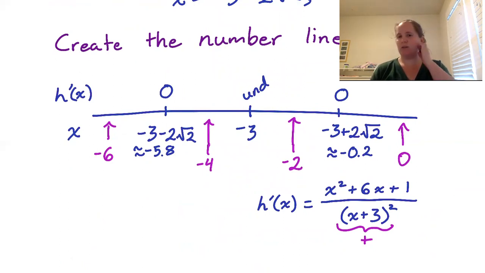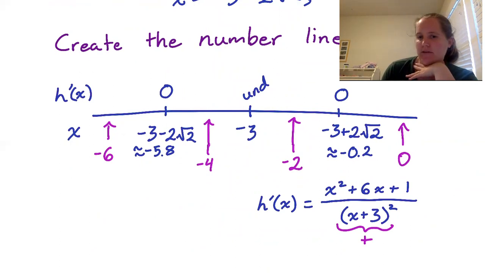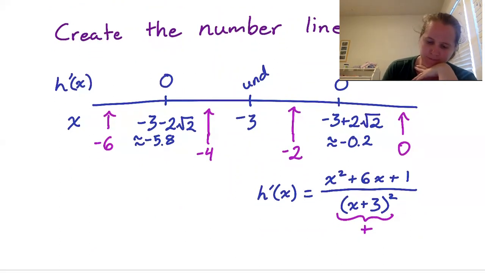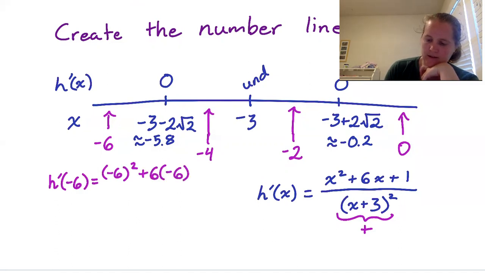We could factor the numerator, or we could just evaluate. Since our roots are not the most pleasant numbers this time around, factoring is not going to be the most pretty. I would just evaluate. So if we do h prime of -6, we would have -6 squared plus 6 times -6 plus 1, and then it'll all be over a positive number.